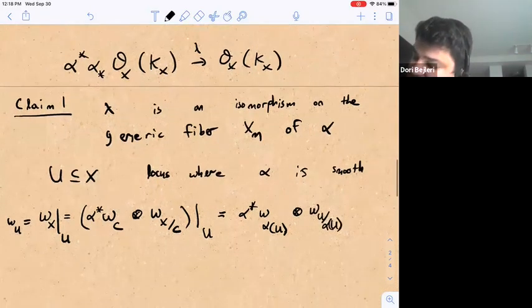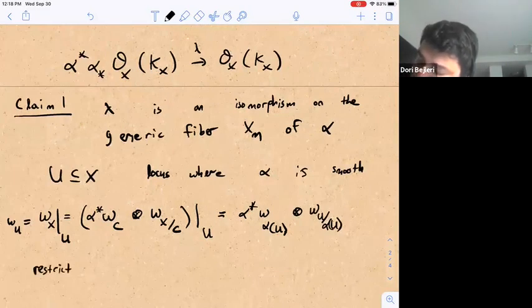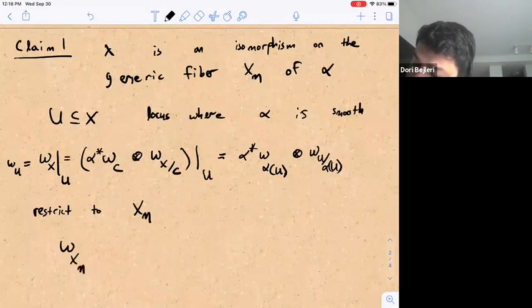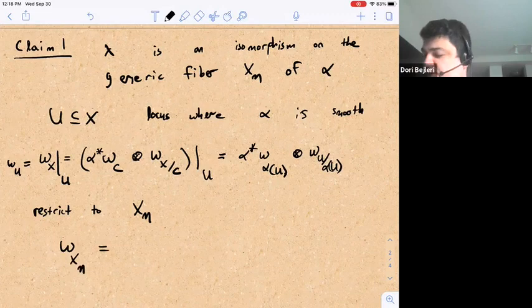And now if we restrict this further, which is contained in this U, then we just get omega X at eta is equal to something pulled back from the base, but now we're on a fiber, so that's just trivial. So this term becomes trivial.